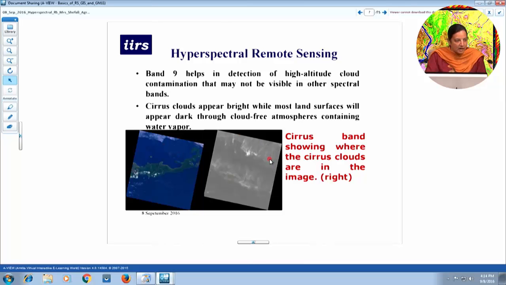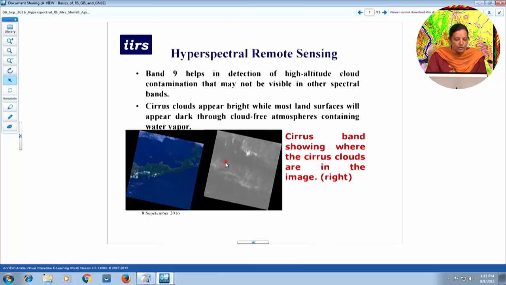Whereas in the cirrus band, because it is observing in a very narrow region which corresponds to a very strong water absorption zone, you will see that these clouds become distinct. So detection of cirrus clouds is possible. The reason for hyperspectral is to go towards narrower and narrower spectral regions, so as to be able to identify certain objects on the Earth's surface.